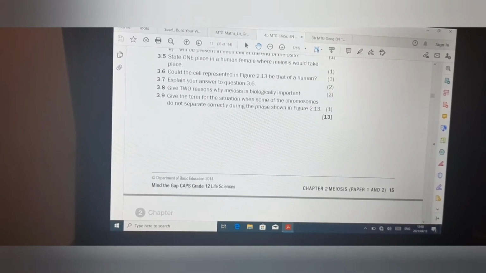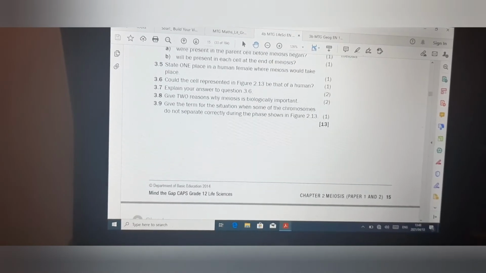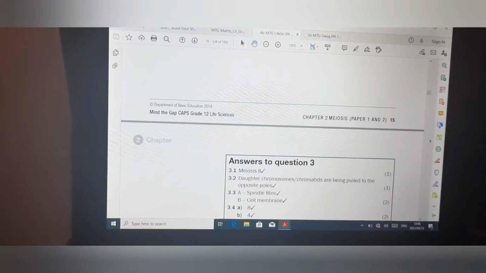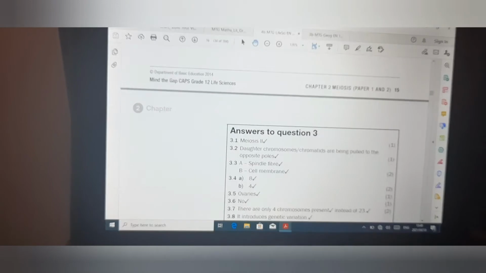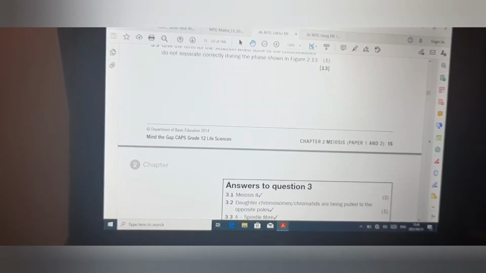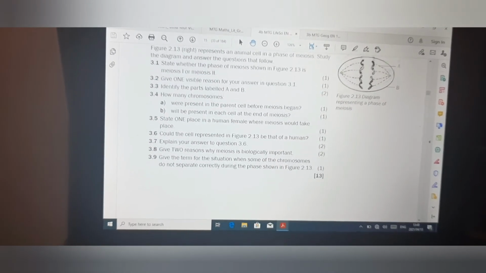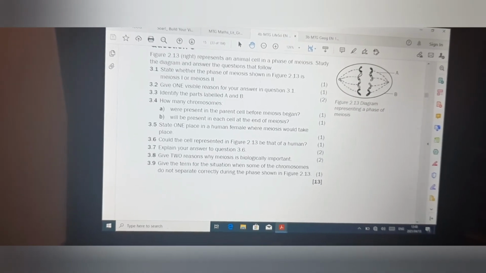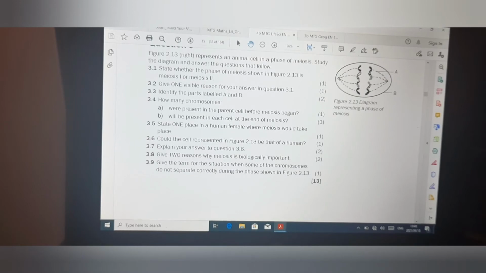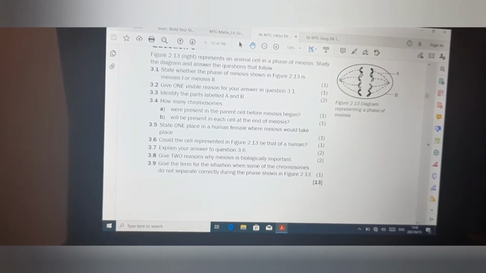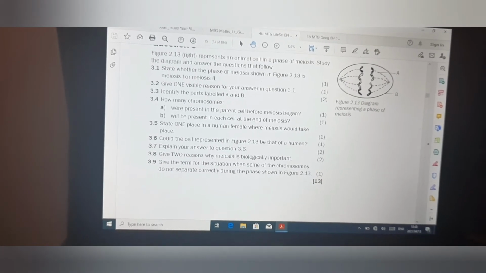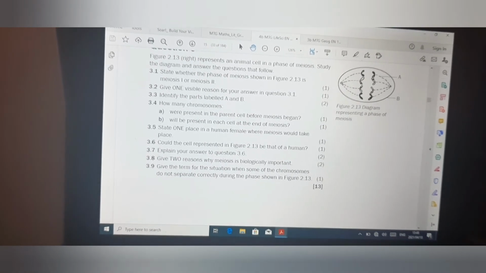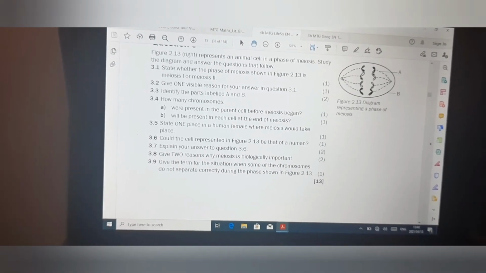Could the cell presented in 2.1.3 be that of a human being? No, we were told already. It's an animal cell in a phase of meiosis, right? They're saying, could the cell represented in 2.1.3 be that of a human being?